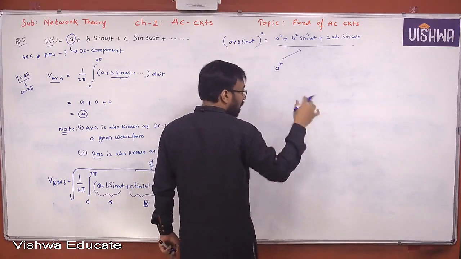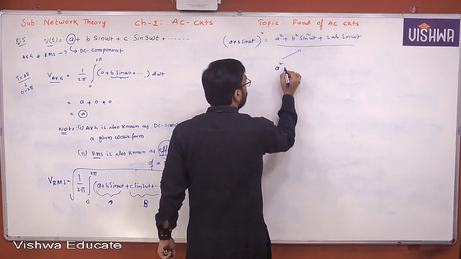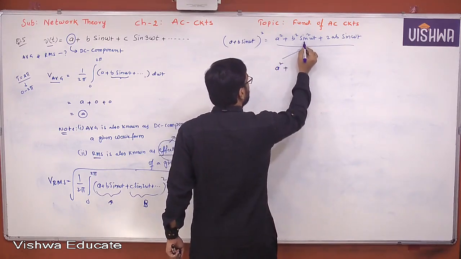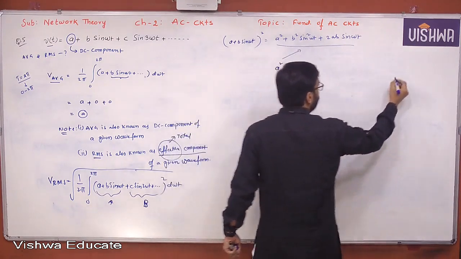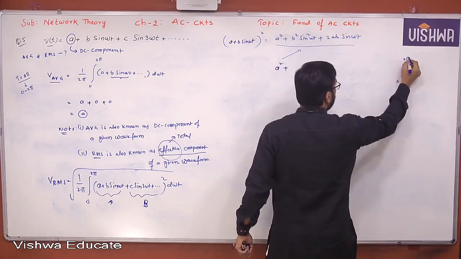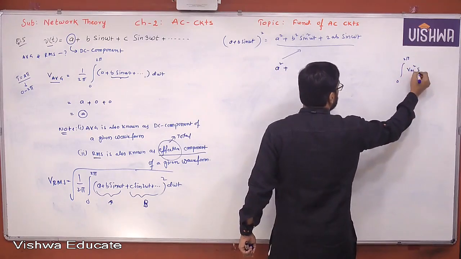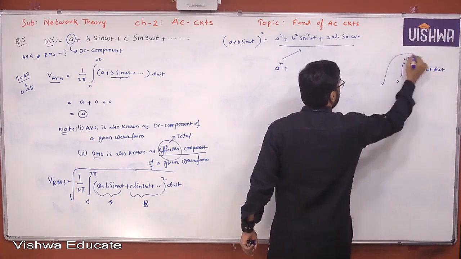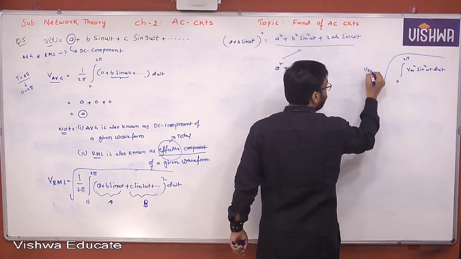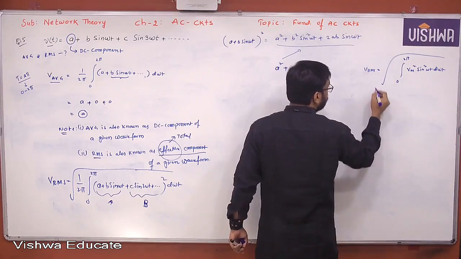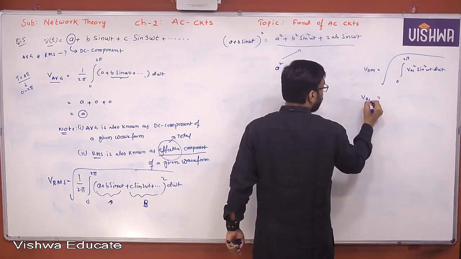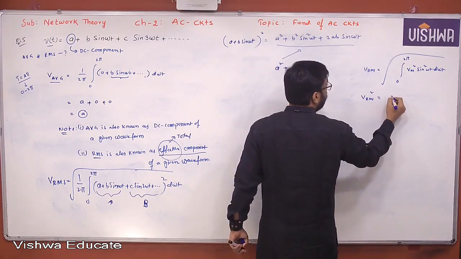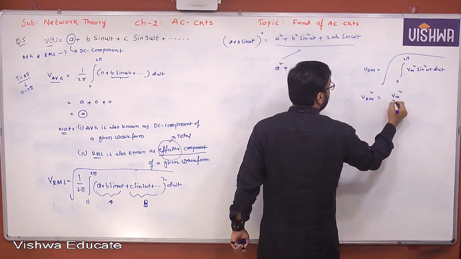In the integration, you have a constant value, that is A square, plus B square times the integral of sine square omega t. Already we found the integral from 0 to 2 pi of V max square sine square omega t d omega t, the RMS value, VRMS. You remember that? VRMS square, what do you get here? V max square by 2.